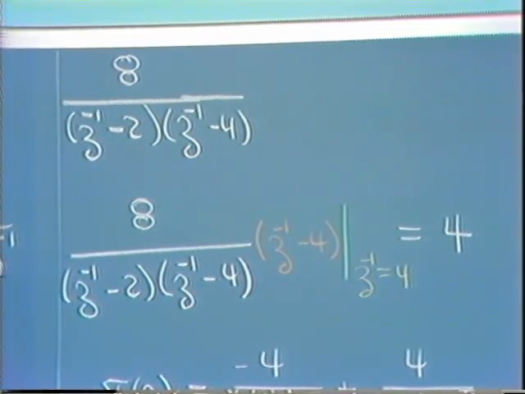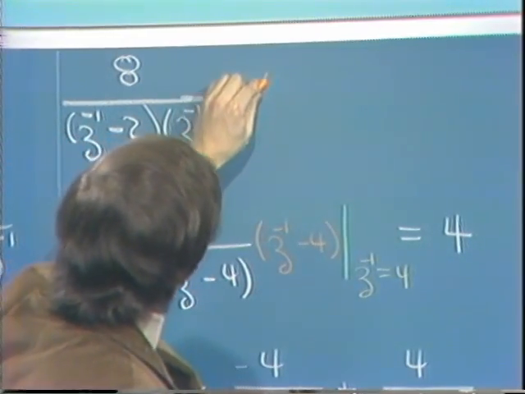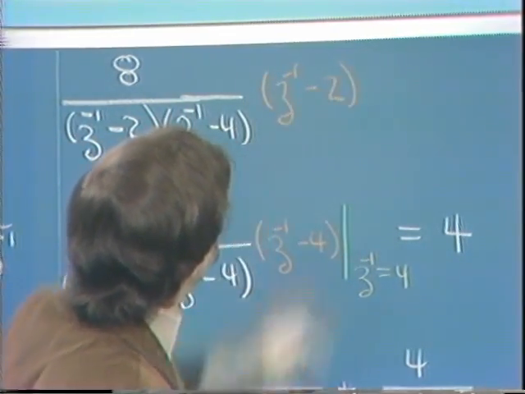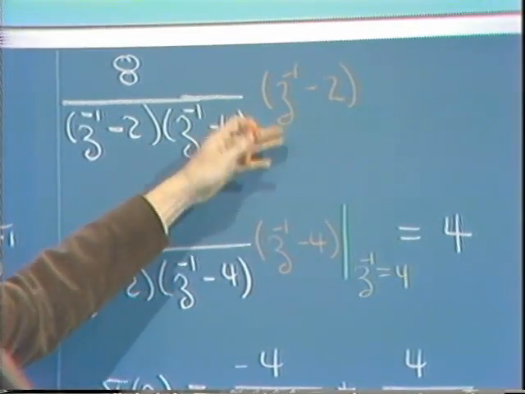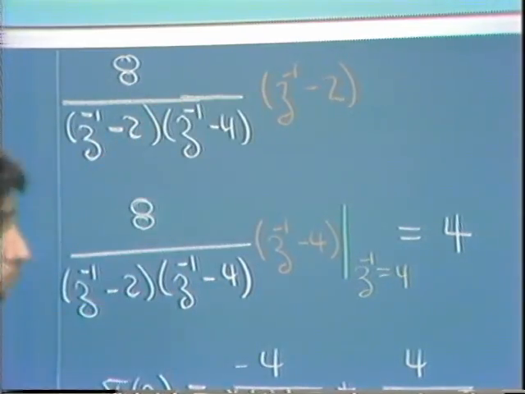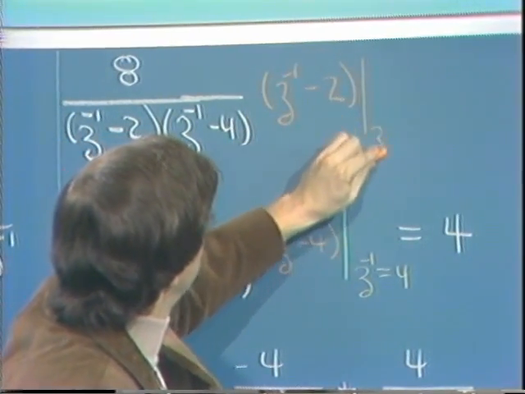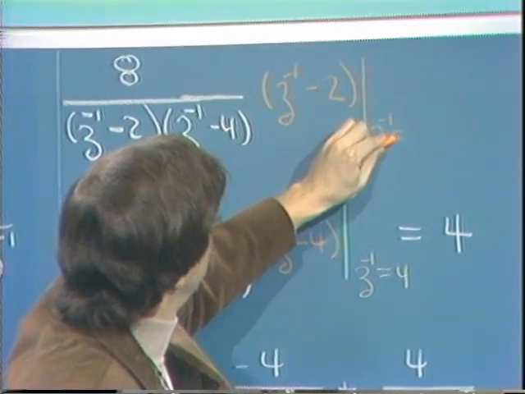To calculate the residue at z to the minus 1 equals 2, what are the steps? Well, we multiply this by z to the minus 1 minus 2, that is x minus 2, where x we're interpreting as z to the minus 1, and then evaluate the result at z to the minus 1 equals 2.